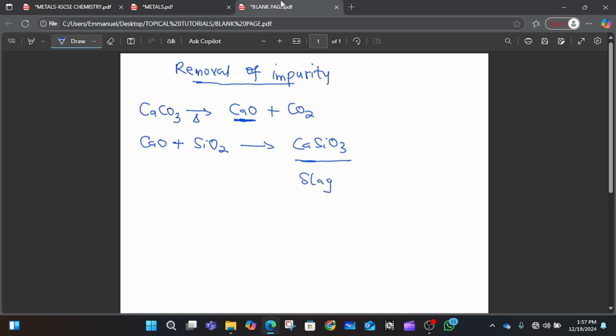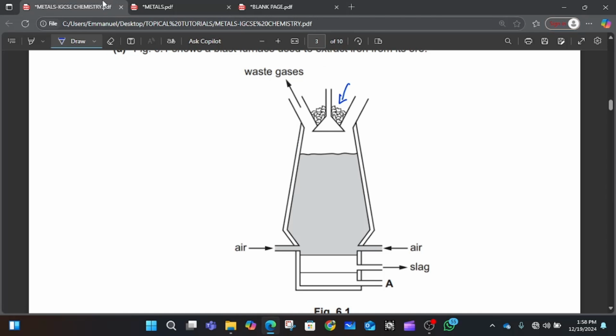This slag is less dense than the molten iron, so it flows to the bottom of the blast furnace through this opening, and then it is tapped off from the chamber. The iron ore is then taken through the second stage, where iron inside the iron 3 oxide is removed, and then the molten iron flows to the bottom since it is heavier than the slag.